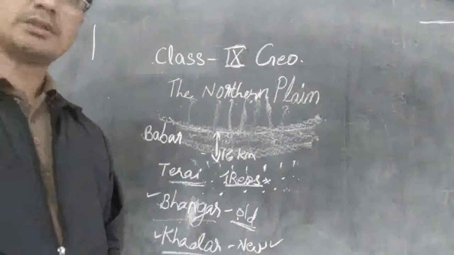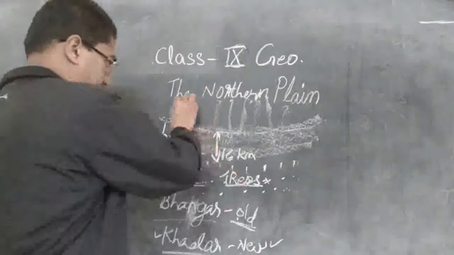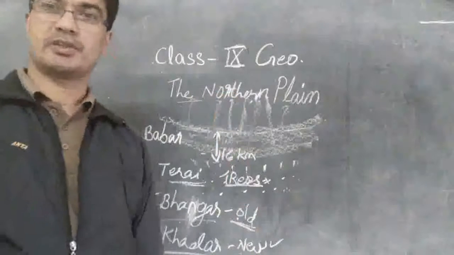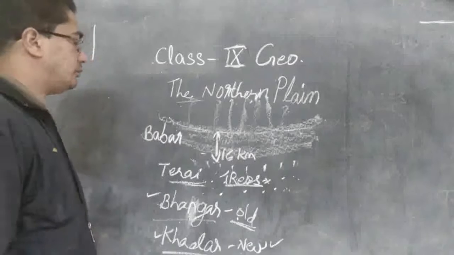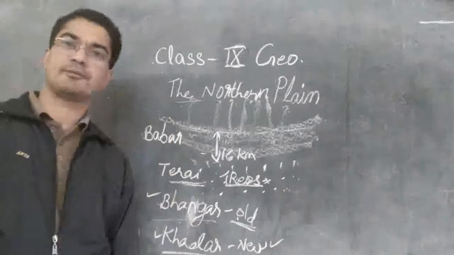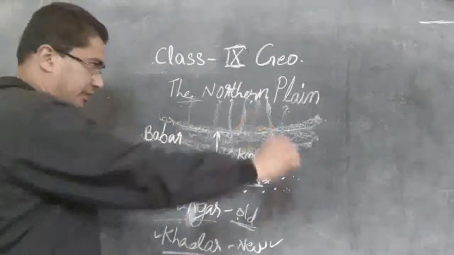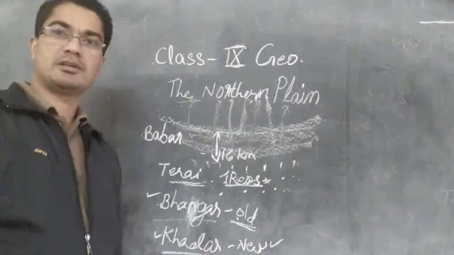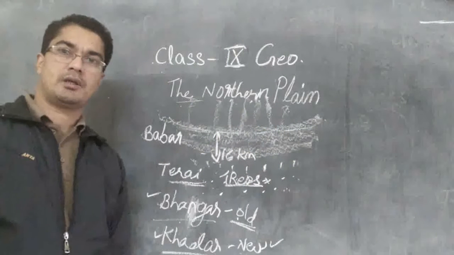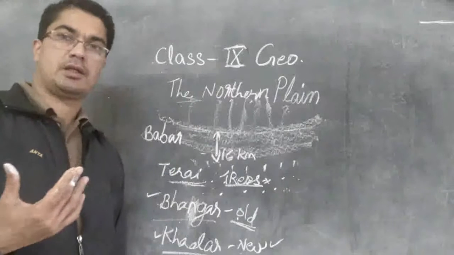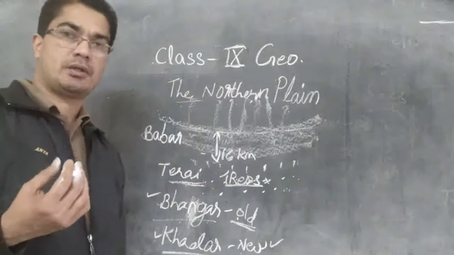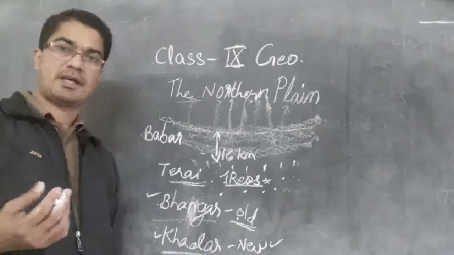So that is about the northern plains. I hope you understood. I'll just say a few points again. The main elements are the alluvium soil, the pebbles and so on, the sand and so on.